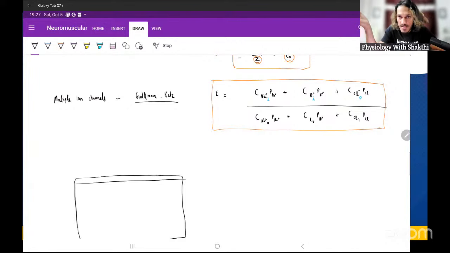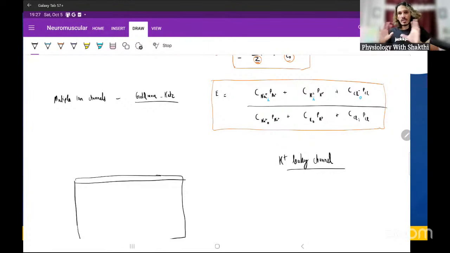And we notice that compared to sodium or chloride, maximum permeability is there for potassium actually. So somehow in your cell, in neurons, there are potassium leaky channels which are present at rest.